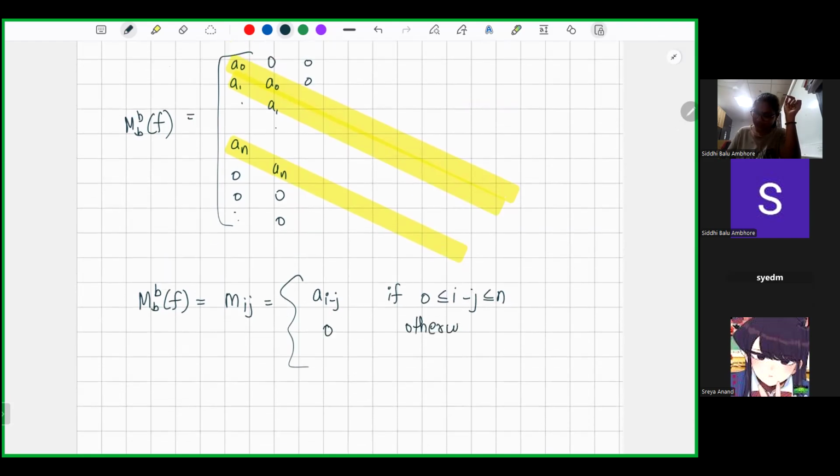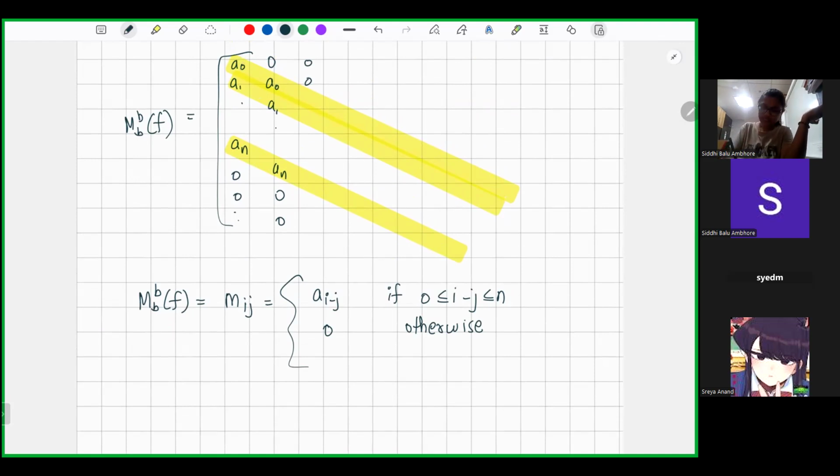And what does this mean? My A11 starts with 0, so they are considering it as a 0 column. I got confused myself. So a_(i minus j).